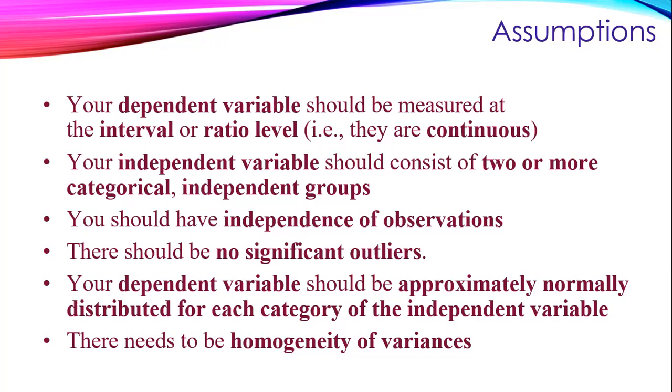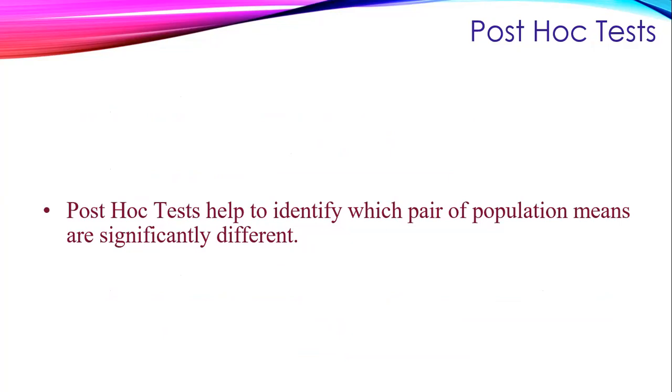When the variance level is highly different between the groups, your results will not be reliable. So it is important that you have homogeneity of variance, and for that we do a test along with ANOVA, which is called Levene's test. I will do it when we are interpreting the test.